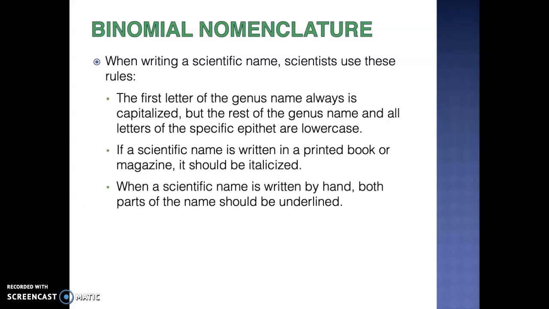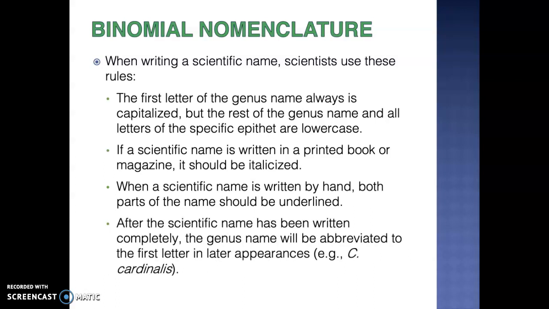When a scientific name is written by hand, both parts of the name should be underlined. And finally, after the scientific name has been written completely, then you can abbreviate it. The genus is then abbreviated to the first letter in later appearances.